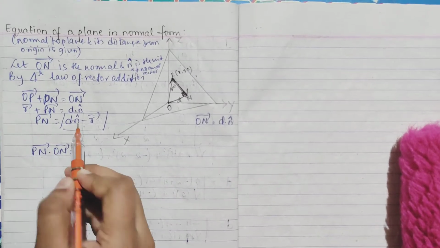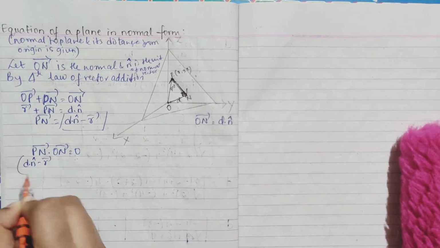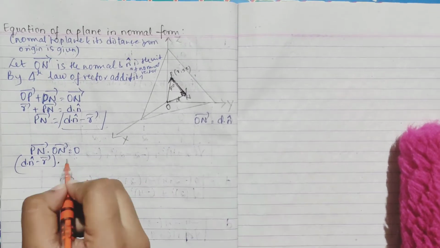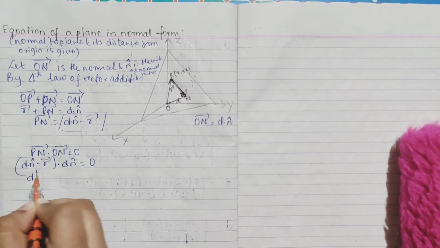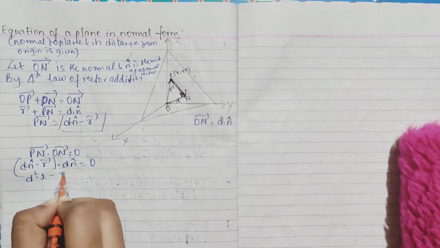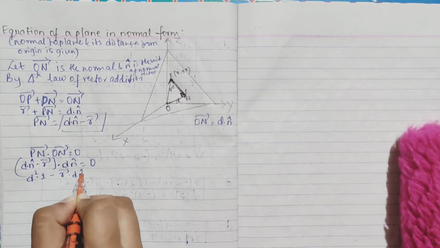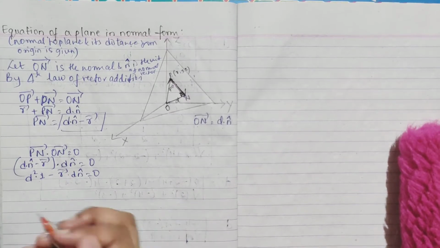Now PN vector I can write as d n cap minus r vector, and ON vector is d n cap, which is equal to 0. So now multiplying, d square n cap into n cap is 1. Then r vector into d n cap is equal to 0. Since d is a scalar, I can write it anywhere.